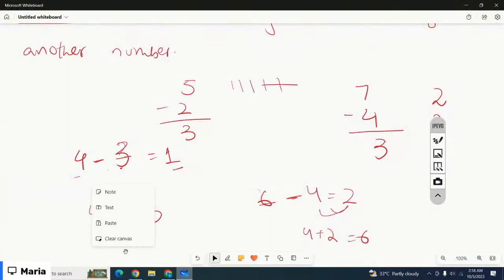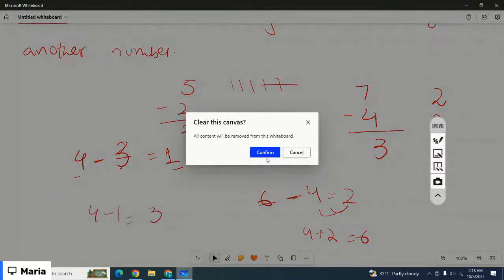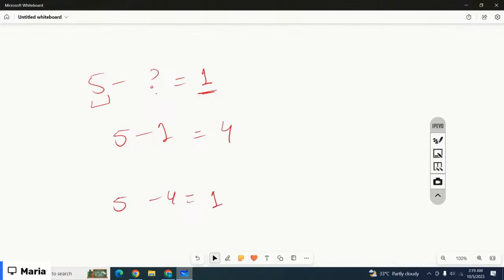Let's see how we use the subtraction facts. 5 take away missing number equals 1. The subtraction fact is, if you subtract this number from the first one, you can get the missing number. Let's just do 5 take away 1. 5 take away 1 is 4. That means the missing number is 4, and 5 take away 4 equals 1.